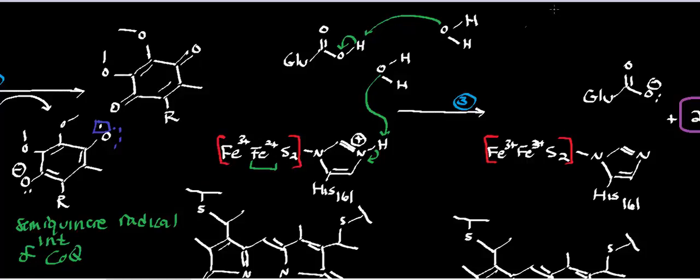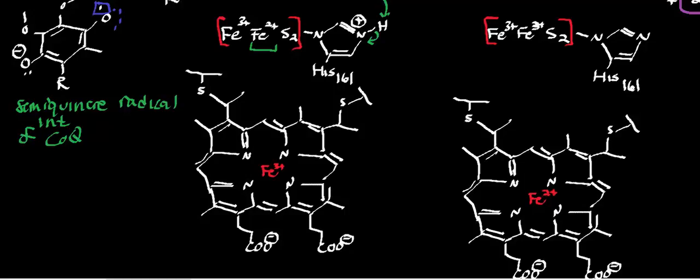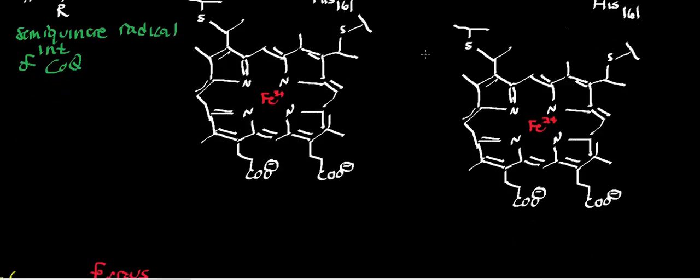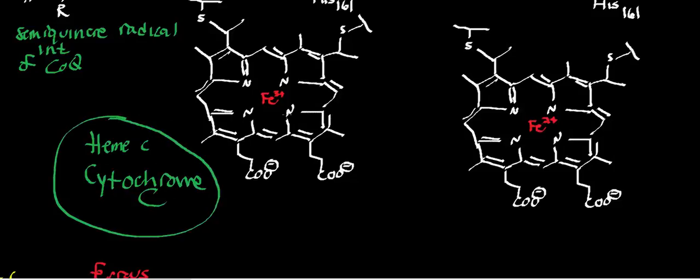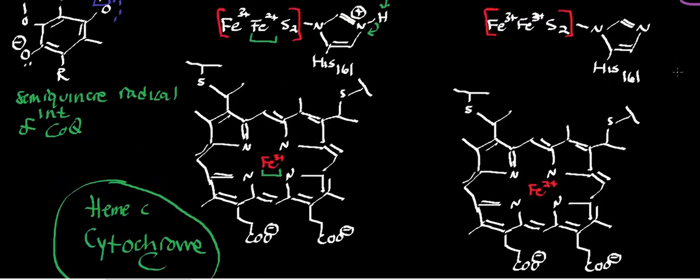But in this step, here's the very critical part. This heme C right here, this moiety, is called heme C. This is cytochrome c. Let me write out the whole name just to illustrate the point. This right here is cytochrome c, and notice that the iron starts out in the 3+ state. So this literally is cytochrome c.